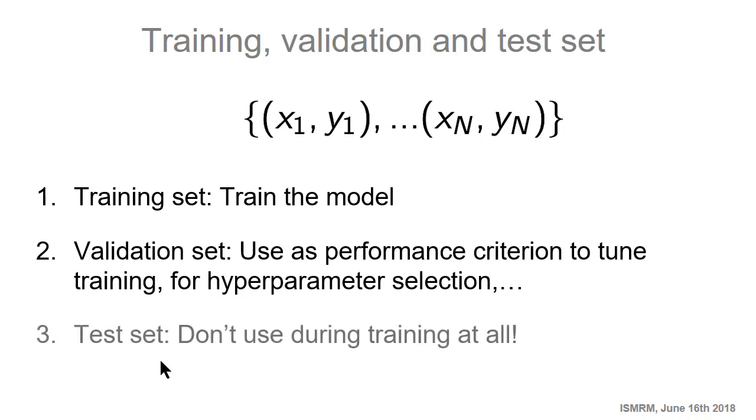And the test set you really don't want to touch during training at all. It's probably best if you don't even see it during all your development. And then only when you deploy it, that's when you see how well your model really generalizes on the test set.